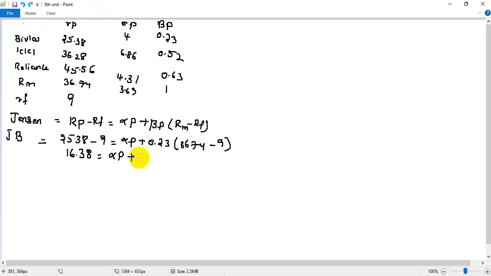Subtract this one and multiply with this. You will get 6.38. So alpha P will be 16.38 minus 6.38, so you will get 10.